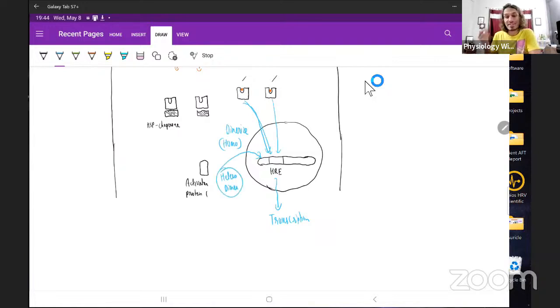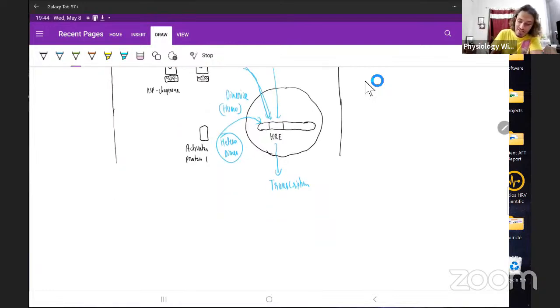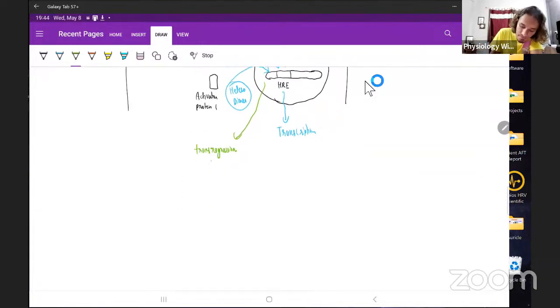When it attaches like this, it does not result in transcription. Instead, it results in transrepression. So this is another way by which it reduces certain other functions. One example is how it reduces pro-inflammatory cytokines. This is one of the reasons why it has anti-inflammatory effects.